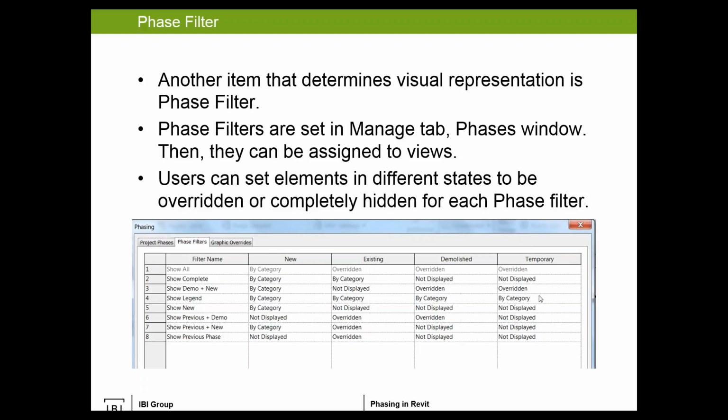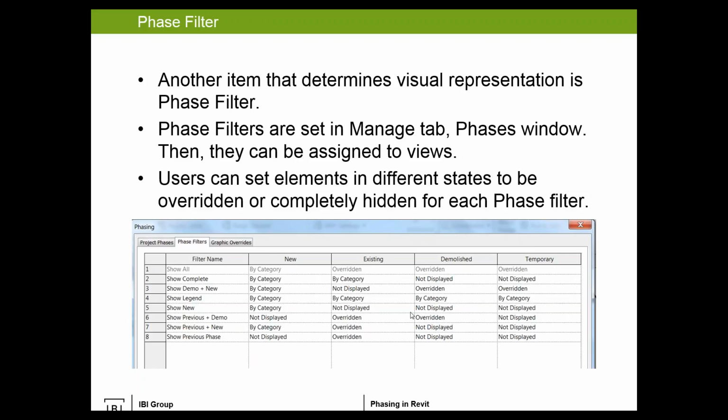So how we can use this is, for example, if I want to make a demolition view, right? So if I want to create a view that shows me the demolition. So what I want to see there is existing and demolished.